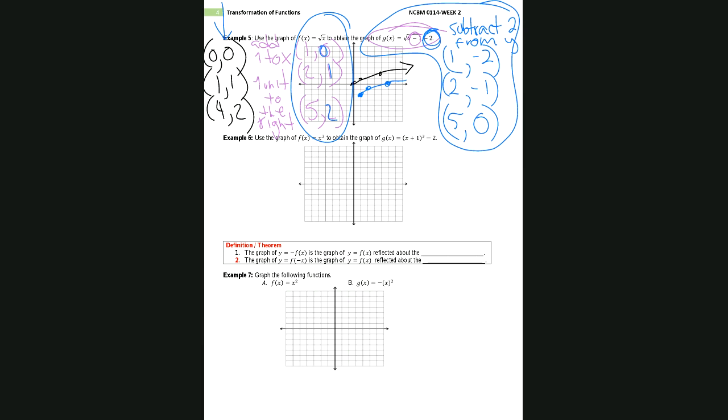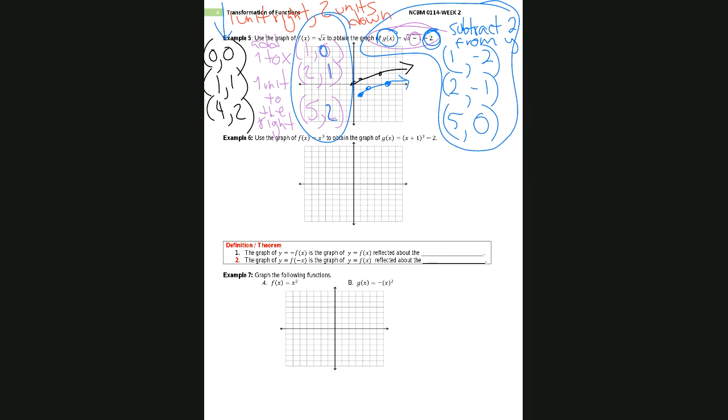And so you get to see that this graph G was shifted 1 unit right. Remember, the horizontal transformation is counterintuitive, and 2 units down. And that is the answer for that.